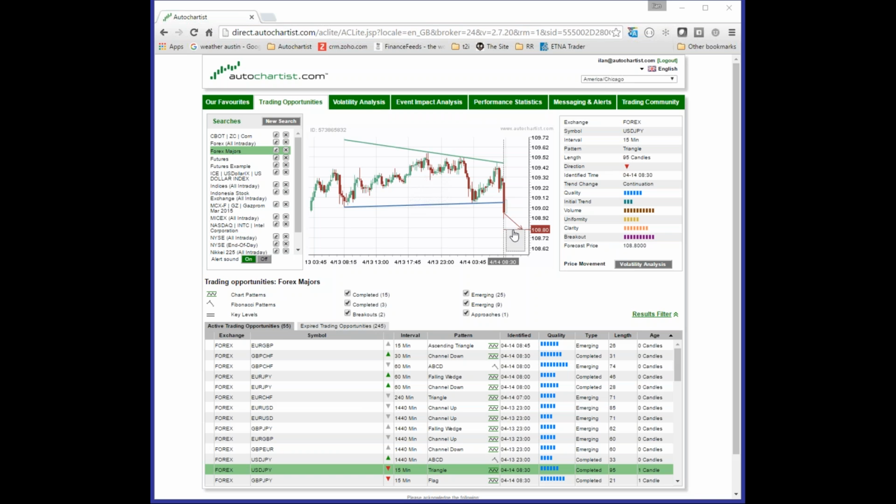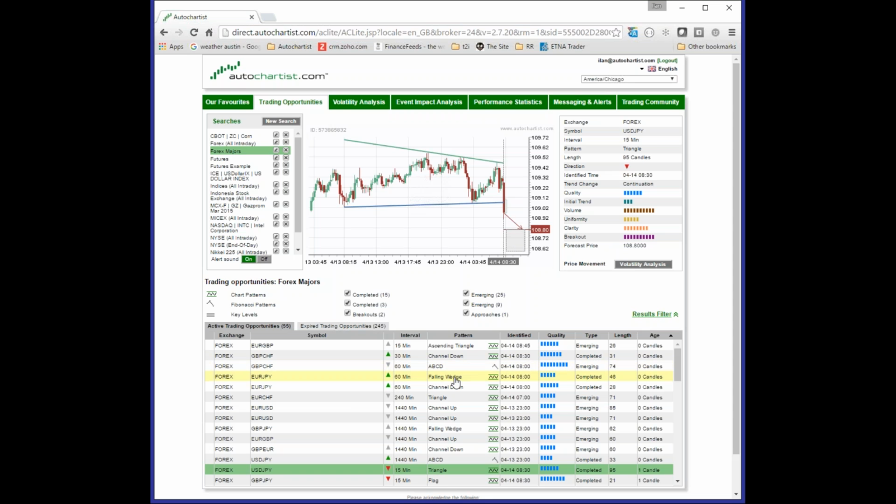This means Autochartist keeps it in the background and monitors the candles that happen subsequent to the pattern, subsequent to this breakout, and then gives ourselves a tick mark. Yes, a check mark saying it hit the price level if it goes through that level, or a cross if it doesn't go through that level. So it's a simple measure of whether the price hit the target level or not.